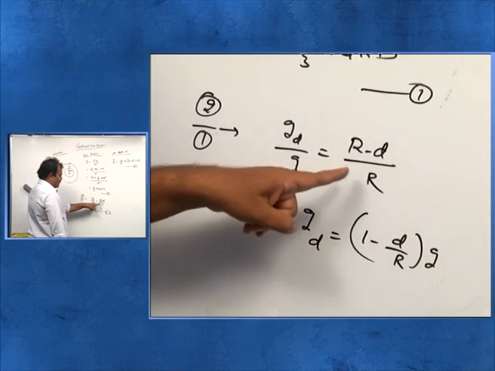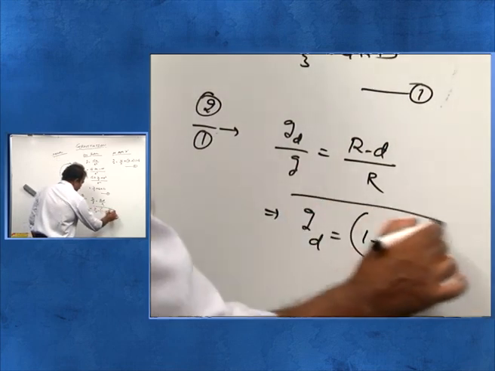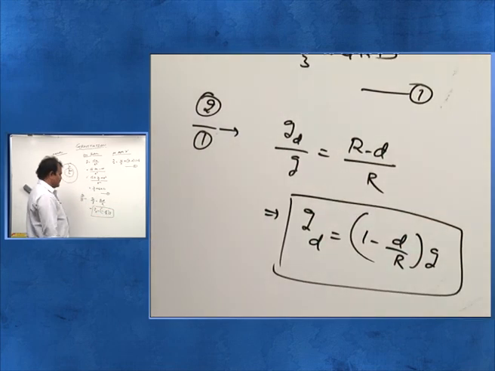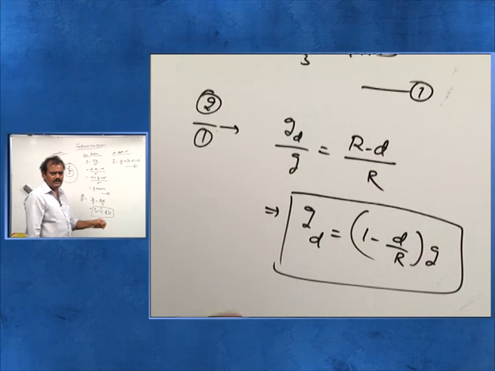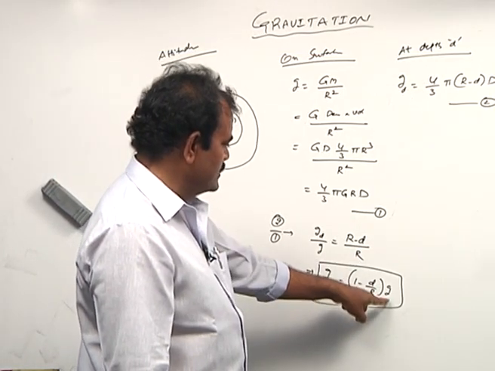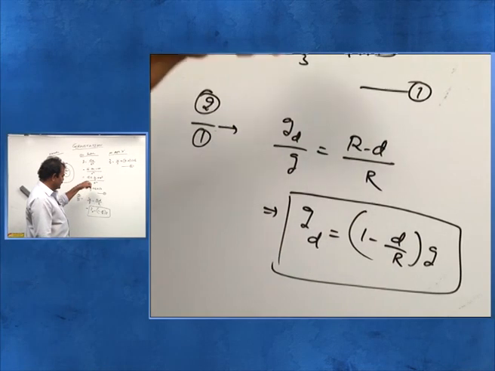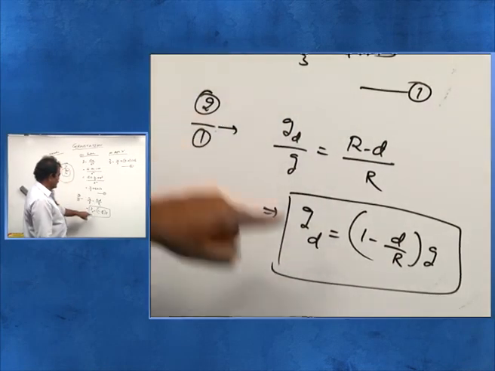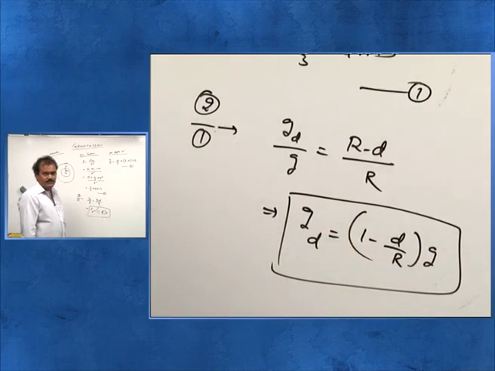There is no binomial expansion, so only one formula exists for a body taken to a depth. It is (1 minus d by r) small g, and d is the depth from the surface of earth.